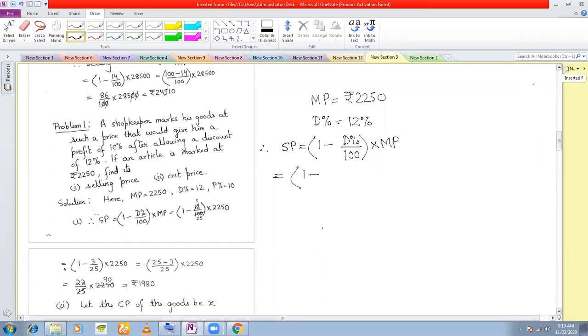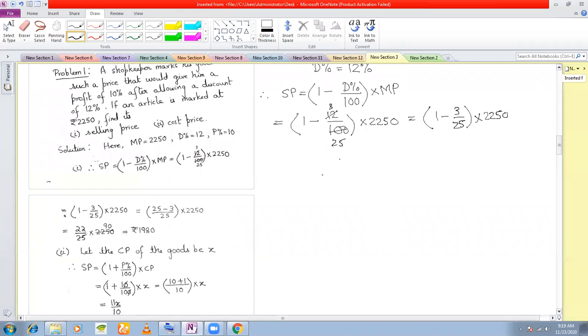So 1 minus 12 divided by 100 into the mark price, and the mark price here is 2,250. Now we can calculate this. Cancel with 4, cancel with 25. So you get 1 minus 3 by 25 into 2,250. Now you take the LCM.